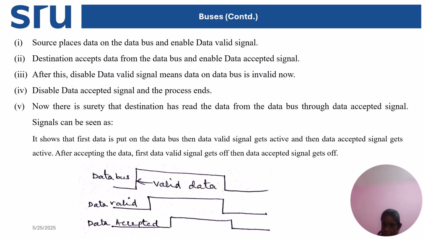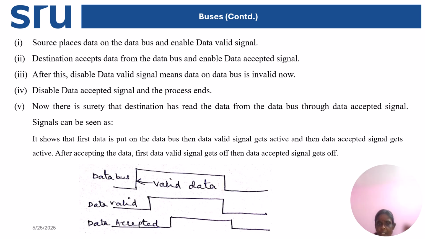After keeping the data, it immediately tells that the data is valid by sending the data valid signal. Then the destination accepts the data from the data bus and enables the data accepted signal. After accepting all the data, the destination sends the data accepted signal.